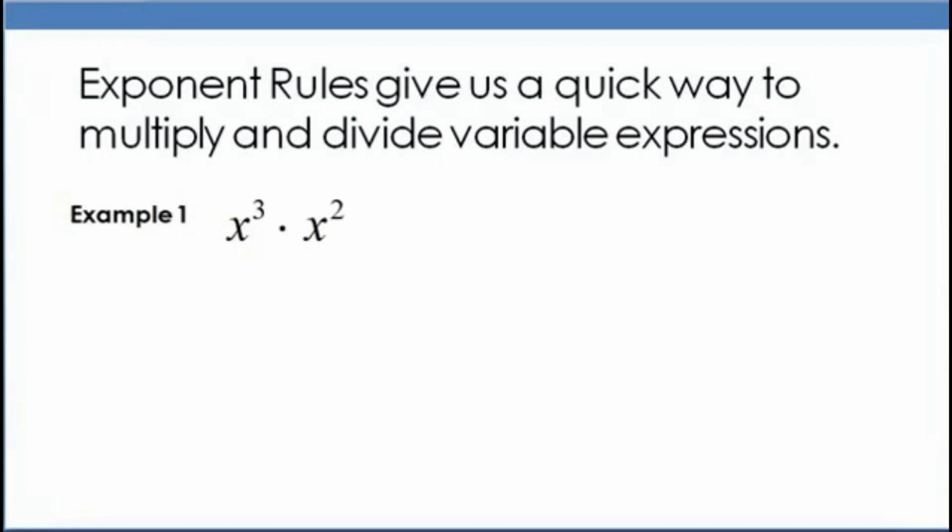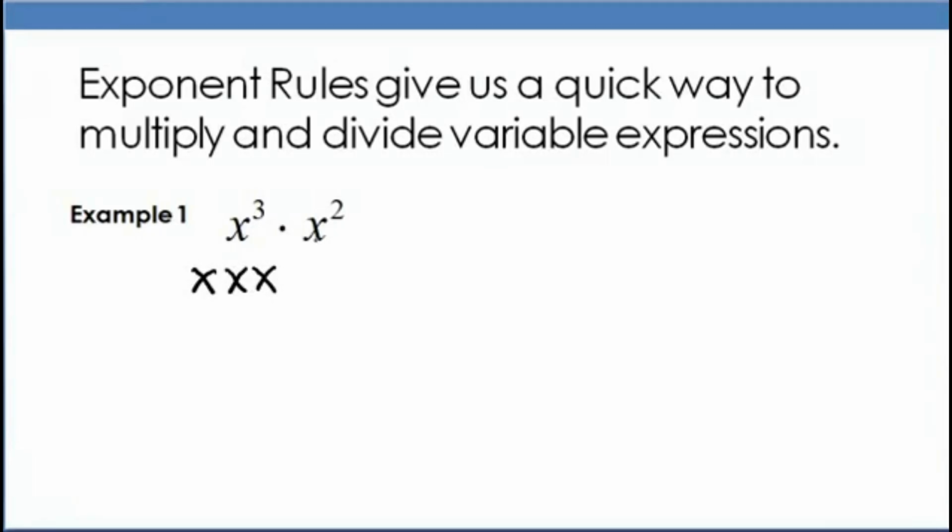Let's look at this first example, x cubed times x squared, and try to figure out the rule for multiplying variables. If we write out what x cubed means, it is x times x times x. And we have multiplication in between.